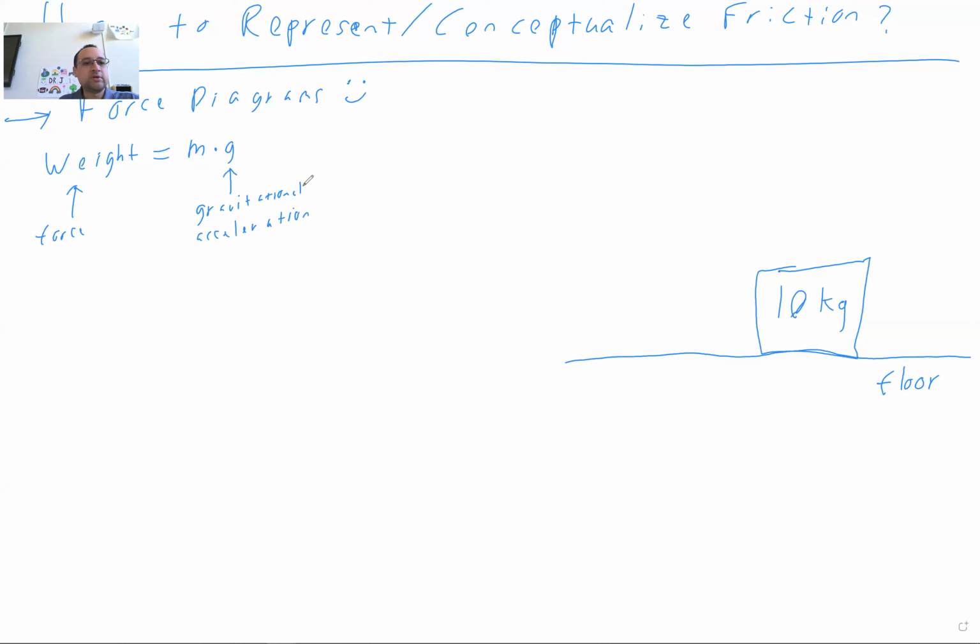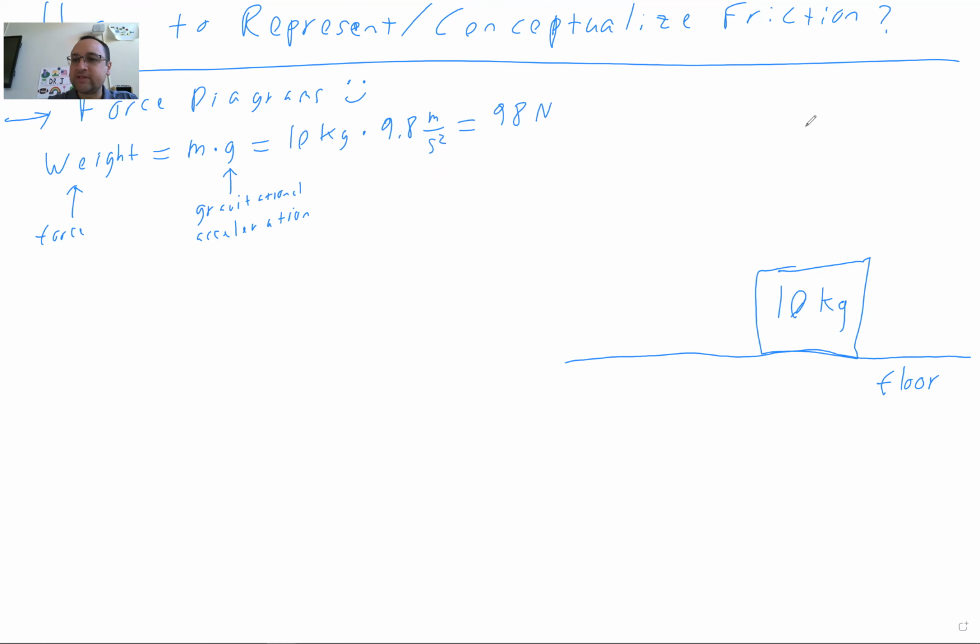So as always, force equals mass times acceleration. In this case, we have 10 kilograms, that's the mass of the box, times gravitational acceleration, which is 9.8 meters per second squared, okay? And that's going to give us a weight or a gravitational force value of 98 newtons, okay?